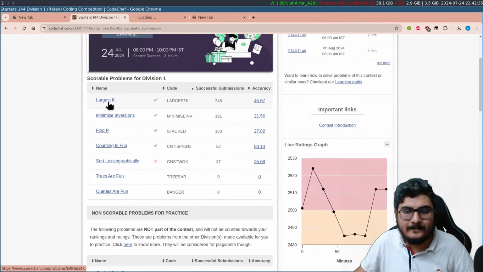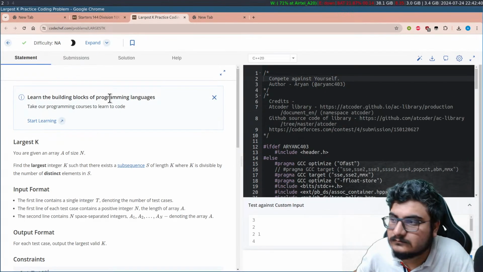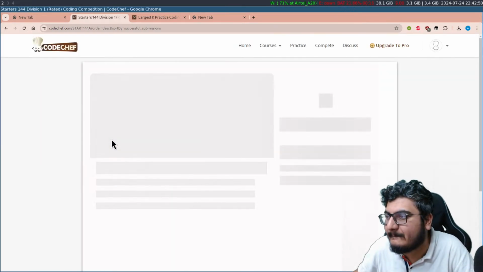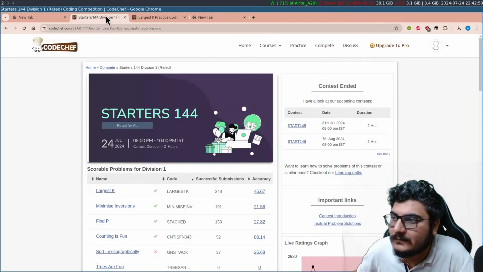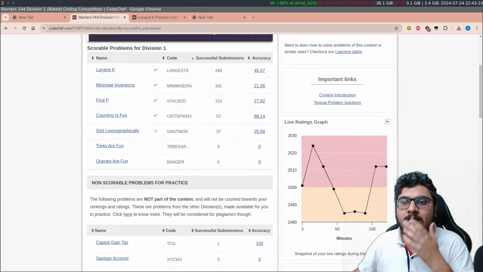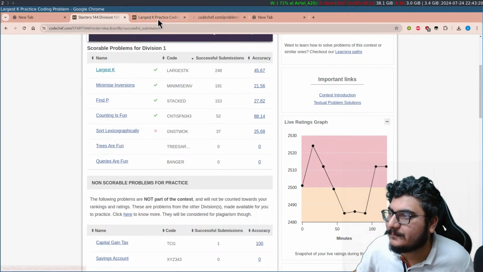Before we move to larger scale, any question on these three problems? Okay, no doubt so far. I will move to the larger scale now.